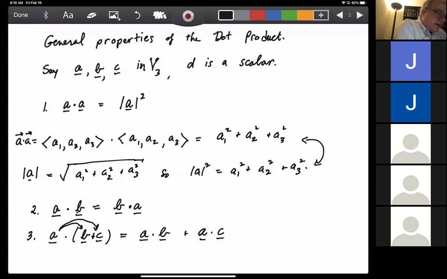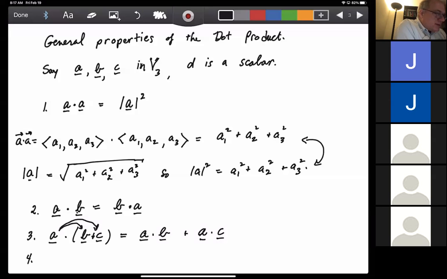And again, you can see exactly where this is coming from if you just write out these vectors with general components. Make sure you're getting the same thing on each side of equation 3 there.